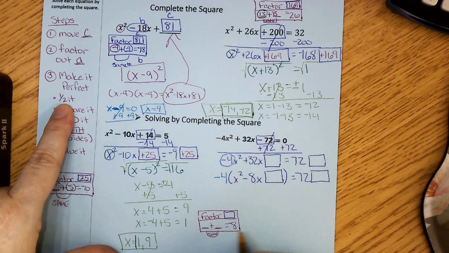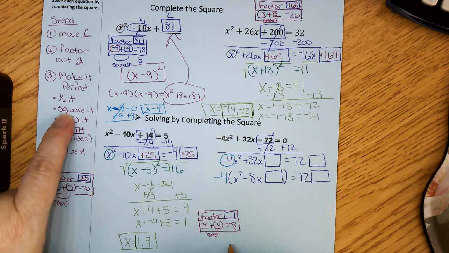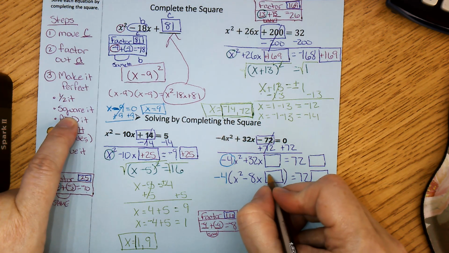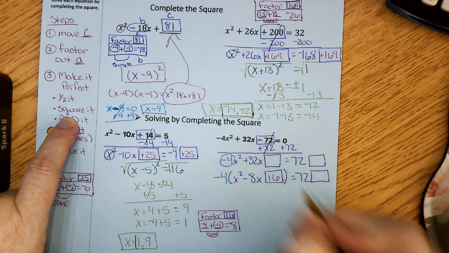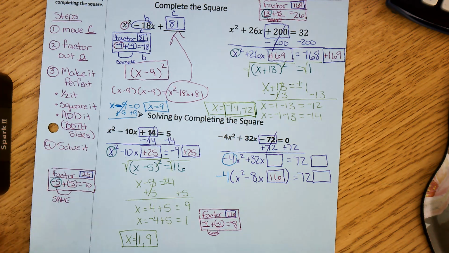All right, so first we're going to half it. Half of negative 8 is negative 4. Then we're going to square it. Negative 4 squared is 16. All right, add it to both sides.